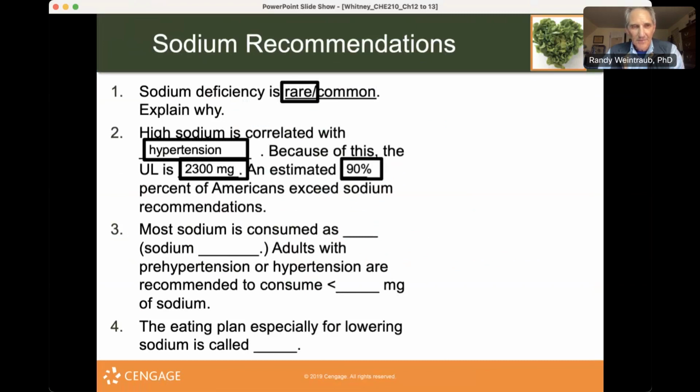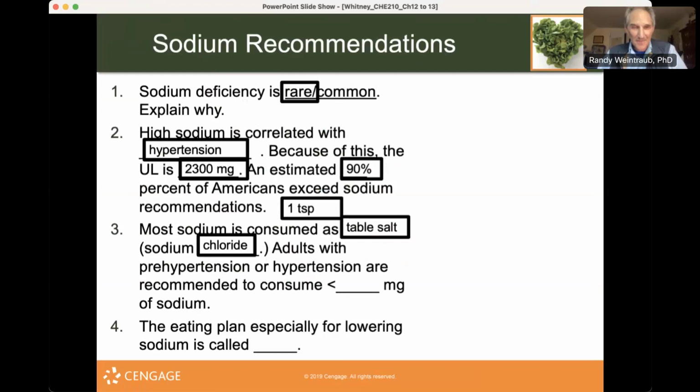It's estimated 90% of Americans exceed sodium recommendations, and we should be wary in looking at our plates and whatever we're consuming with regard to how much sodium intake we have on a normal basis. That's about a teaspoon a day. It's advisable to be much lower than that.